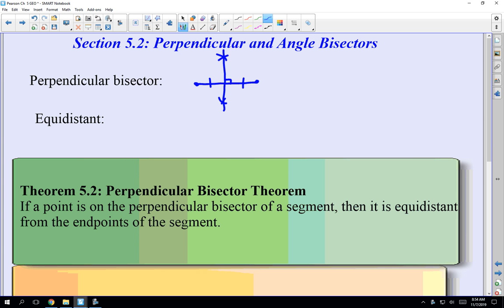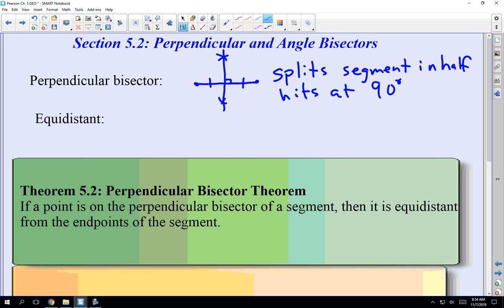So maybe a picture would be a sufficient way to define this. But a perpendicular bisector splits a segment in half and hits at 90 degrees.